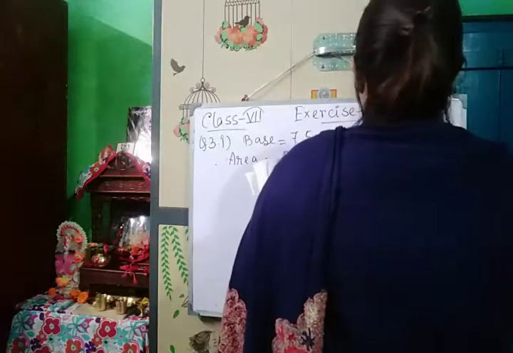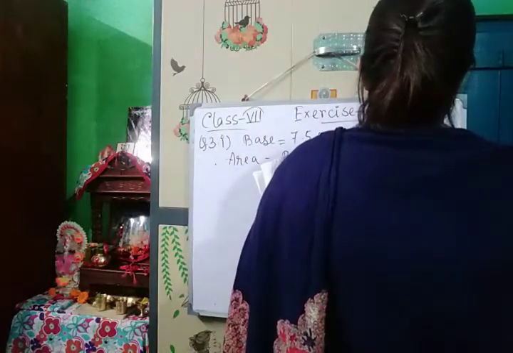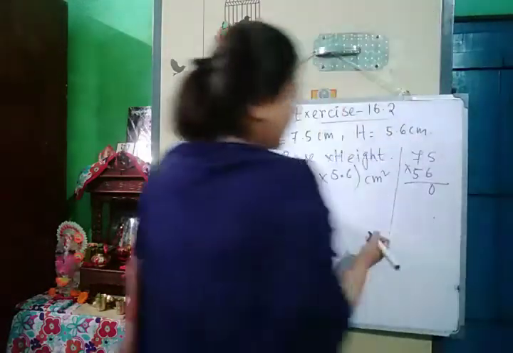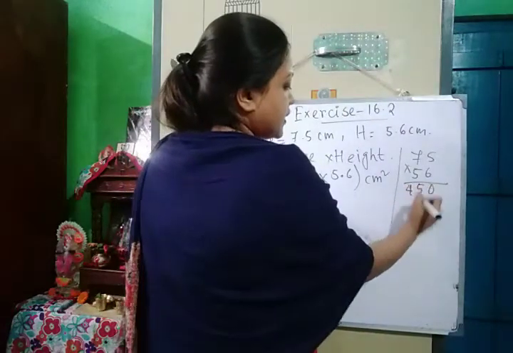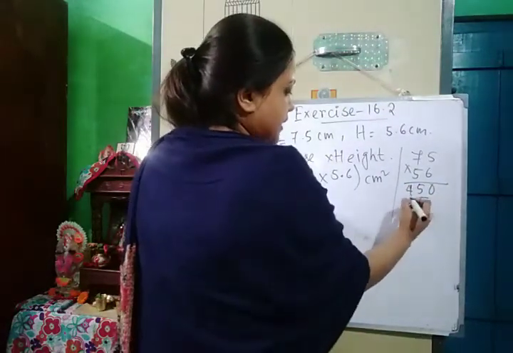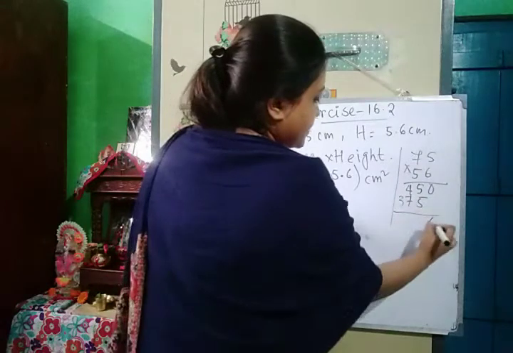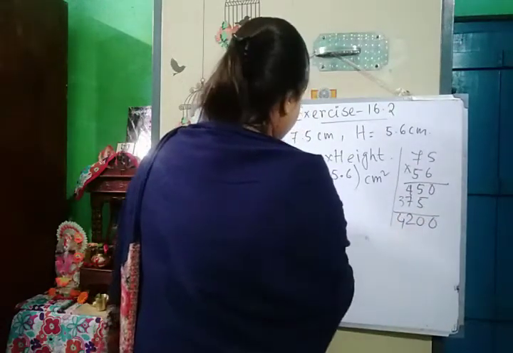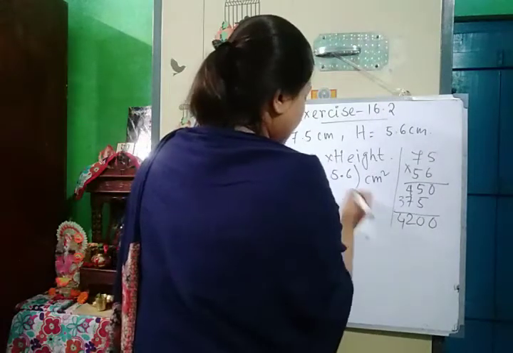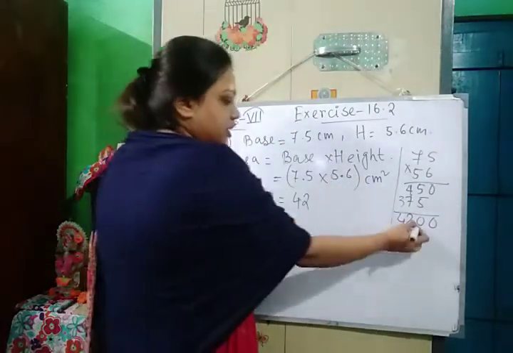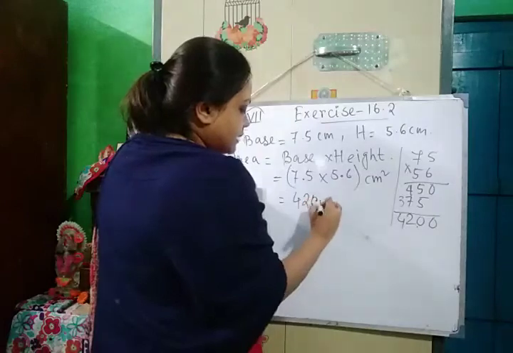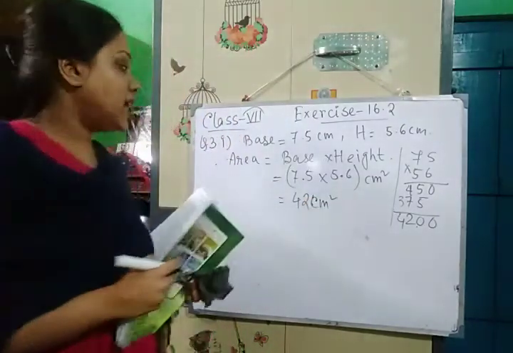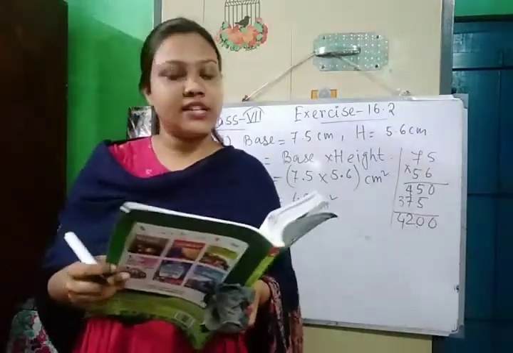So here I am multiplying 75 and 56. 6 times 5 is 30, 0, 3 in hand, 45... so it's 42 and the point will be put here. So the area of the parallelogram is 42 centimeter square.